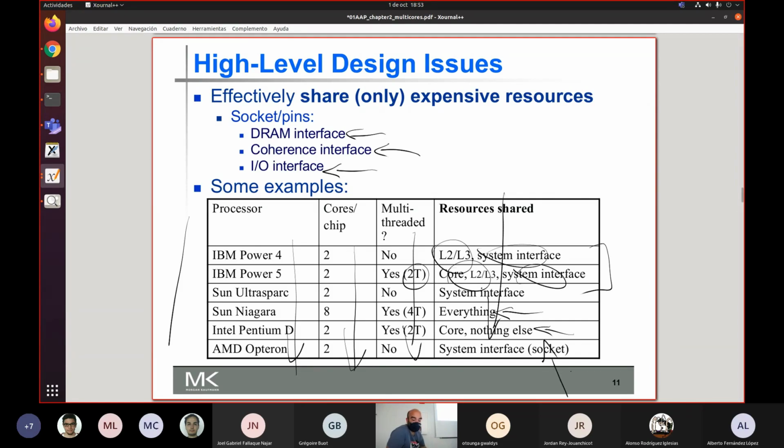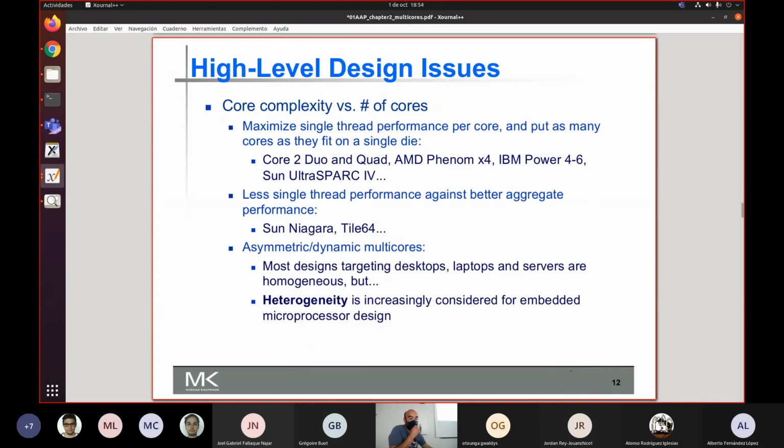Another difference, which is key for understanding different products that you have in the market, is to find a balance or a trade-off between core complexity versus number of cores.